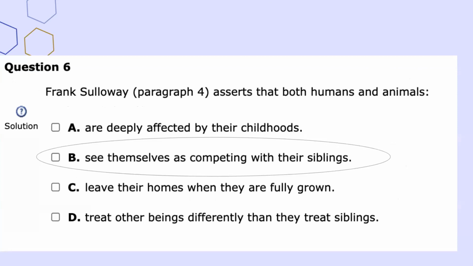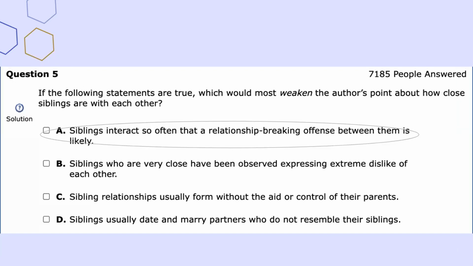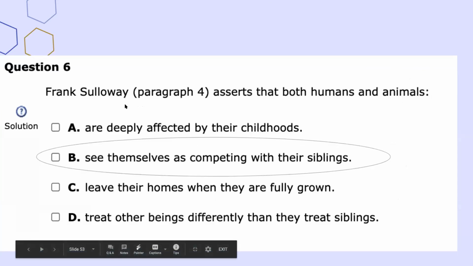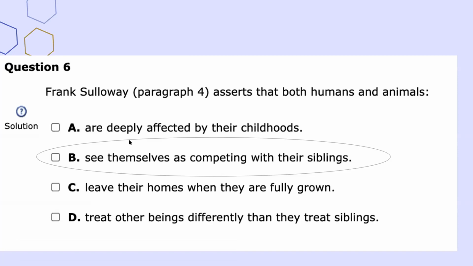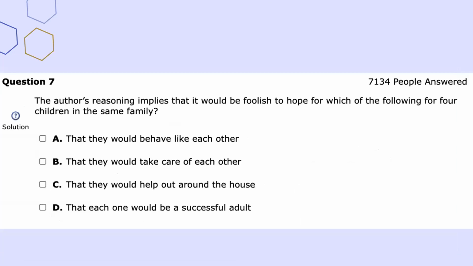Okay. Oops, I guess I didn't put number 6, but 6 is B. I think there was a line where it says animals also compete, so that would be the best choice. And I think one more question. What did you guys put for this last question?